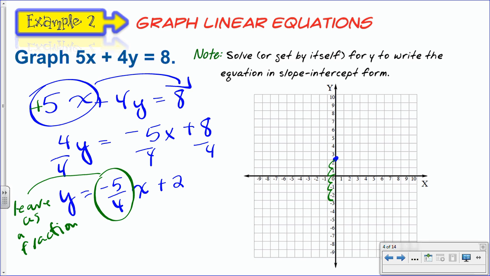Now which way? 4 squares? 1, 2, 3, 4. And then plot a point. Make sure you put arrows on the end, all the way out to the edge. What's that slope doing? It's falling, good.